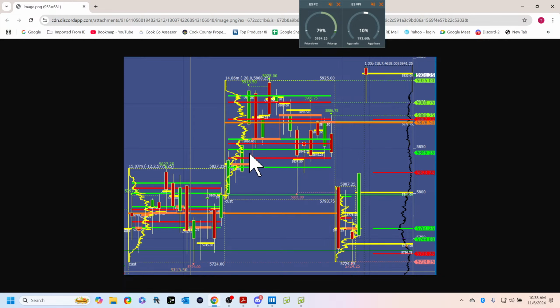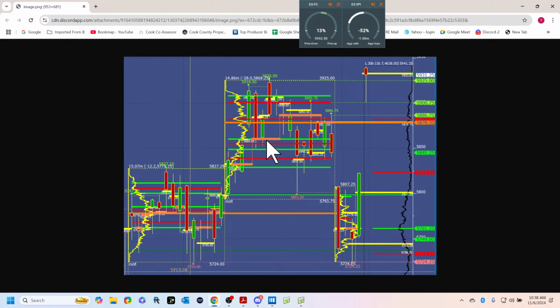Where's the stops? Here. That's called fuel. If I come up here and I close on the low, and then I open and I squeeze out the shorts right here, and it's an inside day, what's the possibility? Take out the longs, eventually take out the longs.